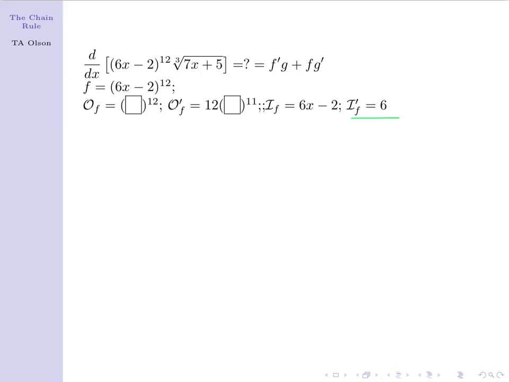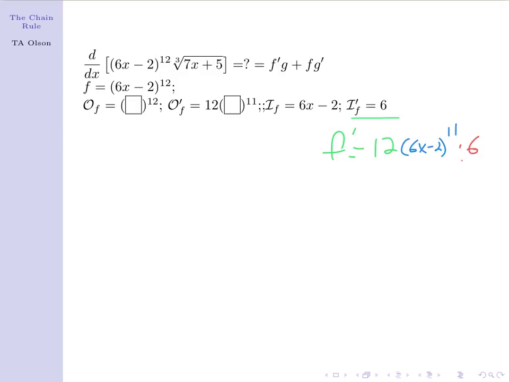So putting these pieces together gives me f prime. f prime is going to be our 12 times our inside bit to the 11th. Our inside bit stays together, 6x minus 2, times the derivative of the inside function of 6.